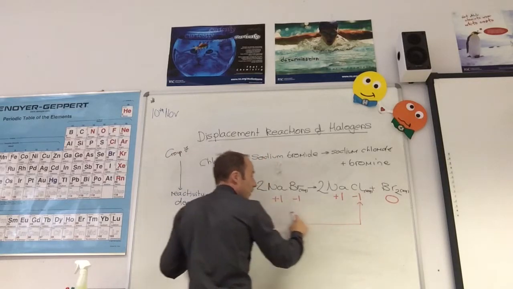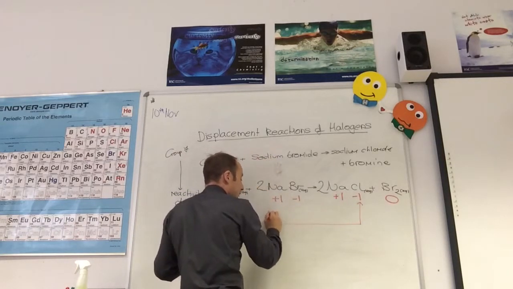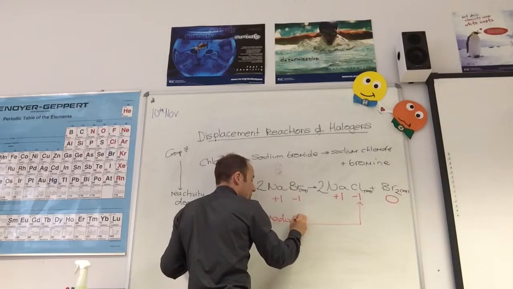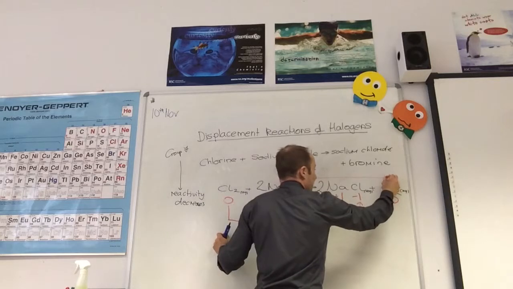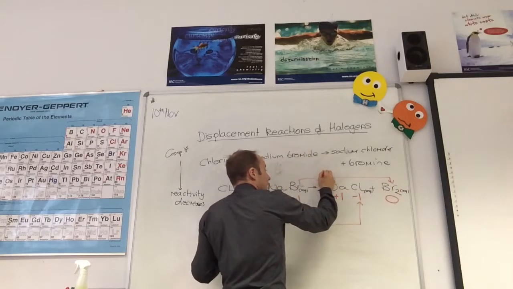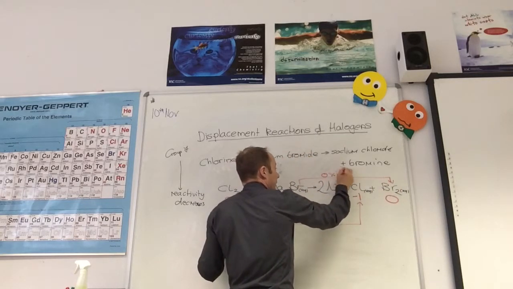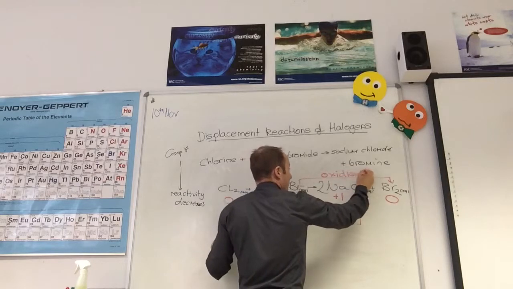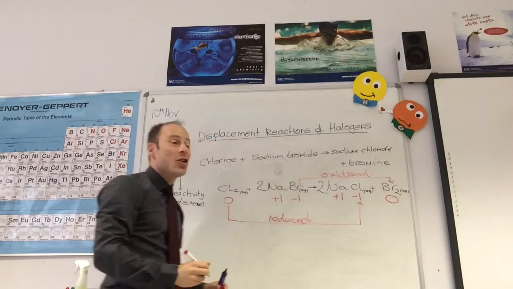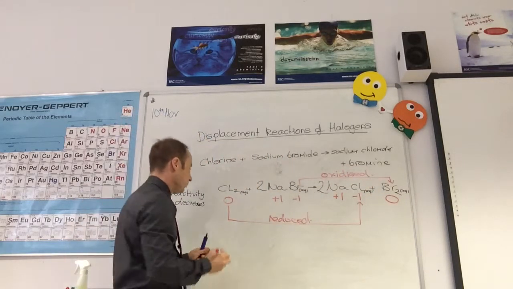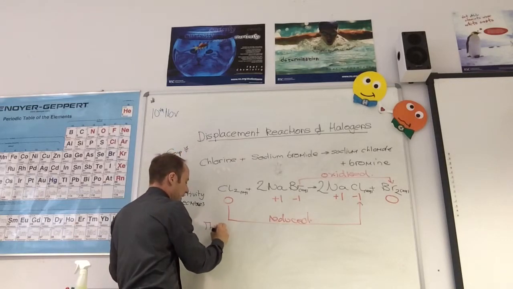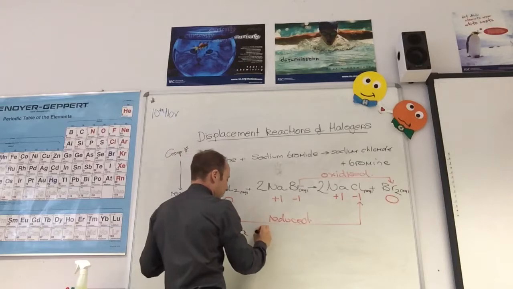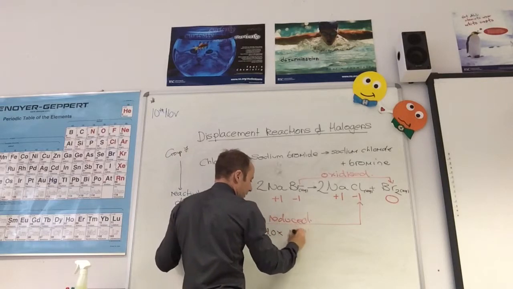It's gone down, so it has been reduced. What's happened to bromine? Gone from -1 to 0, so he has been oxidized. So this is a redox reaction.